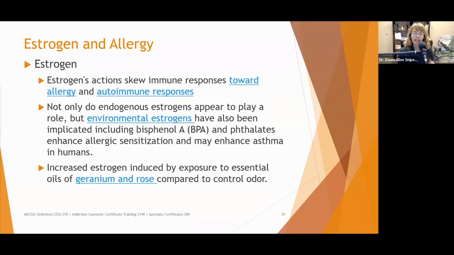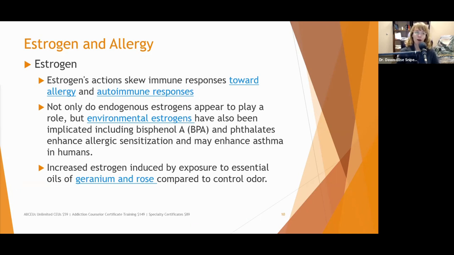There was a study that came out a while back, which has since been pretty much debunked, that said that exposure to essential oil of lavender or tea tree oil could increase estrogen levels and promote gynecomastia in men. They've since debunked that study and found that there were some flaws in the methodology, and there's very little support for those two essential oils being problematic.